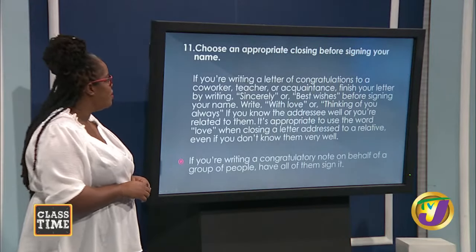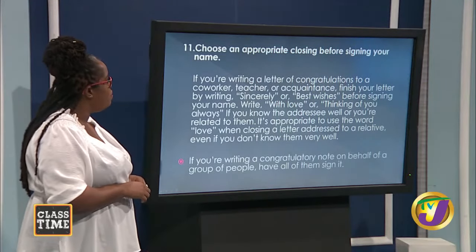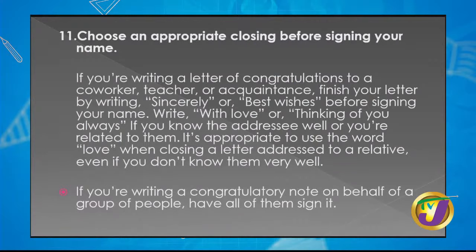Number 11, choose an appropriate closing before signing your name. If you're writing a letter of congratulations to a co-worker, teacher, or acquaintance, finish your letter by writing sincerely or best wishes before signing your name.